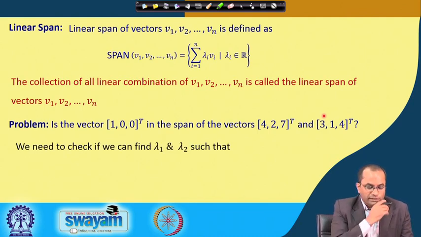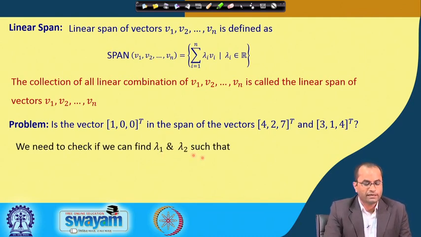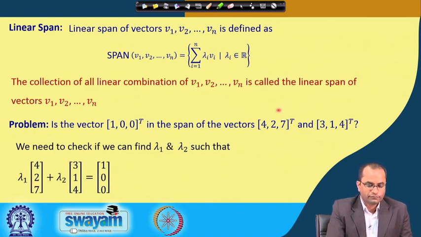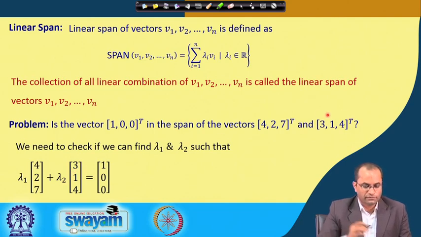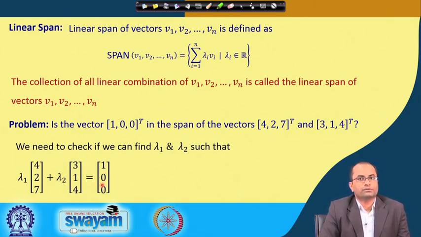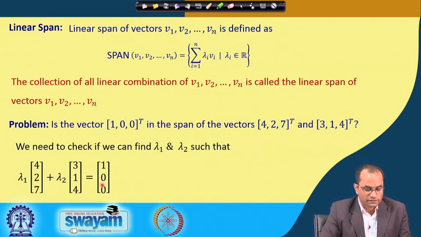So, we need to find lambda 1 and lambda 2 such that lambda 1 times the vector (4, 2, 7) plus lambda 2 times the other vector (3, 1, 4) gives us (1, 0, 0). Is it possible to find such lambdas, or is the system inconsistent, or is it a consistent system which can give us lambda 1 and lambda 2?